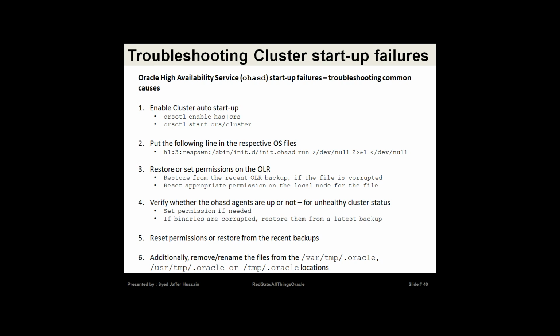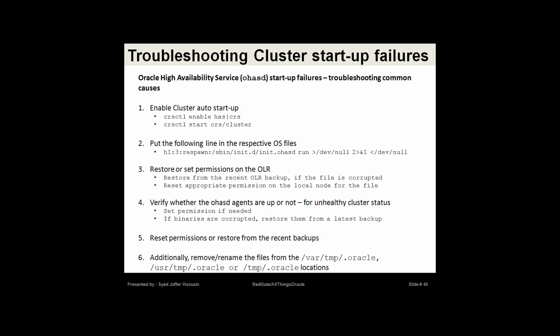Maybe you found that it is auto-enabled and the entry exists. The third thing you can do is review the OHASD log file and see if there are any problems with the Oracle Local Registry, for example, if it is inaccessible for some reason, like permission gets lost, or ownership gets lost, or maybe the OLR is corrupted. For those reasons, you can examine the OHASD log file and then take appropriate actions.